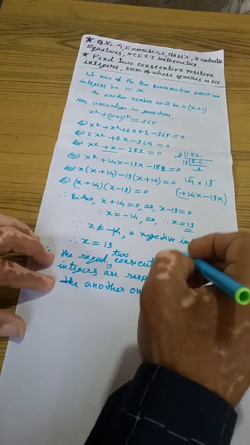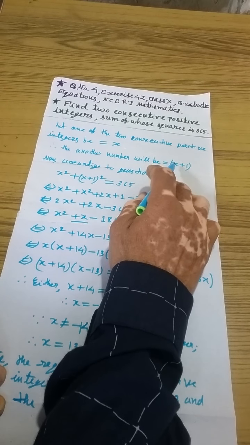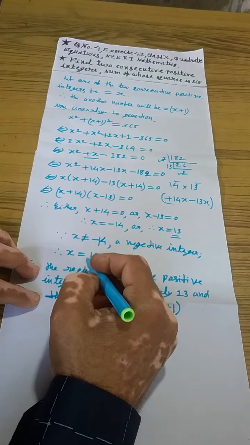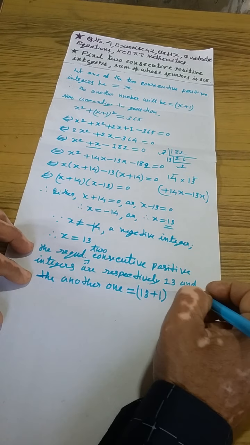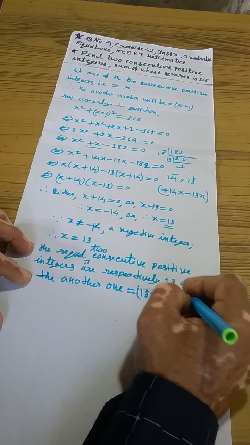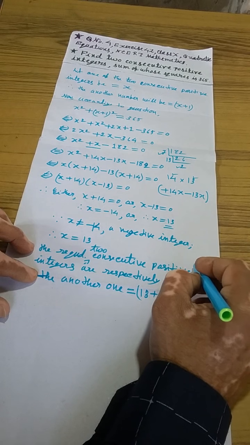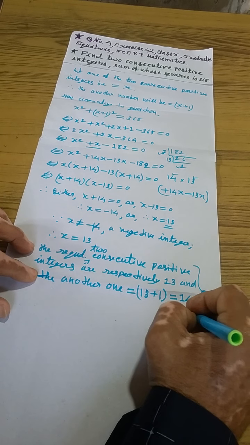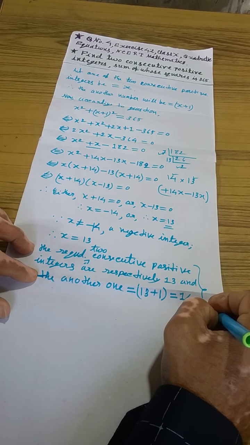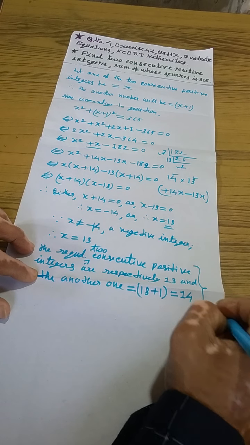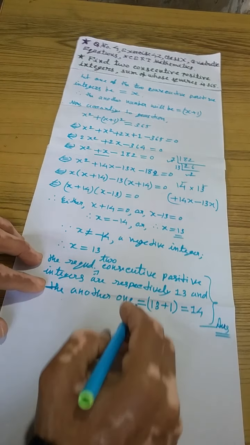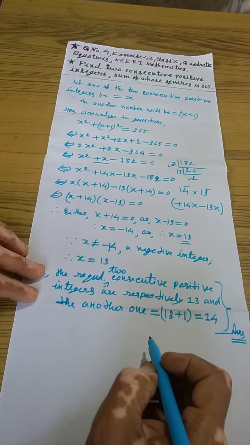We have just put the value of x here, which is 13. So if we do so, we will get 13 plus 1 to be equal to 14. So these are the two answers. Write in this way, it will save a little bit of time for you.